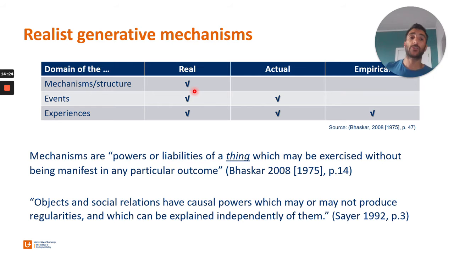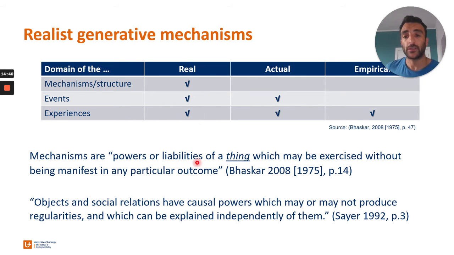So it's not because there is no regularity that can be observed according to the rules of statistics that there is no mechanism that is at work. Okay, so that again relates to what we discussed earlier. It's not because we don't hear a tree falling down that there's nowhere a tree falling down.